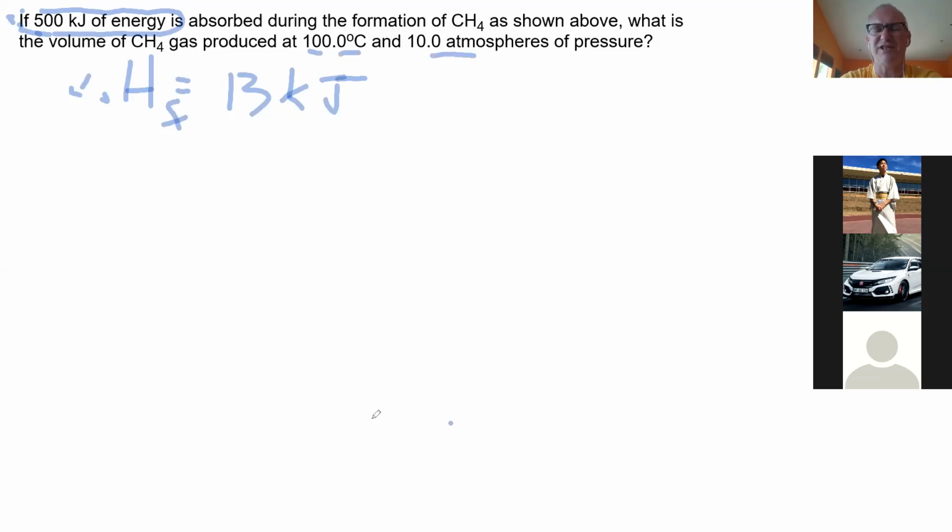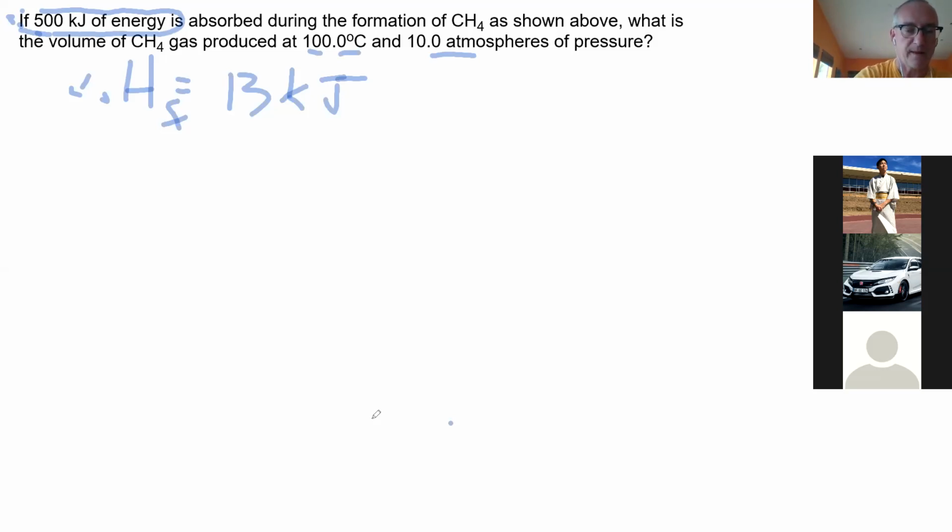So how do we start doing this question? What's the first thing we need to calculate in order to do this problem? We need to start somewhere. We know it's a gas law problem, so it's going to be PV = nRT at some point.